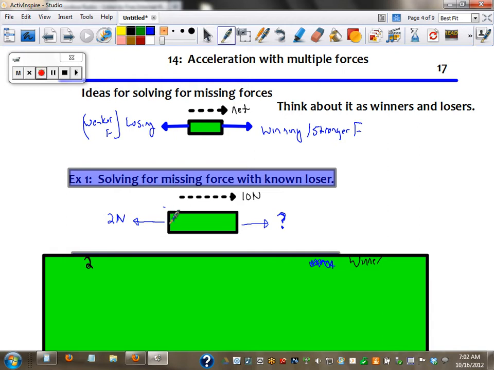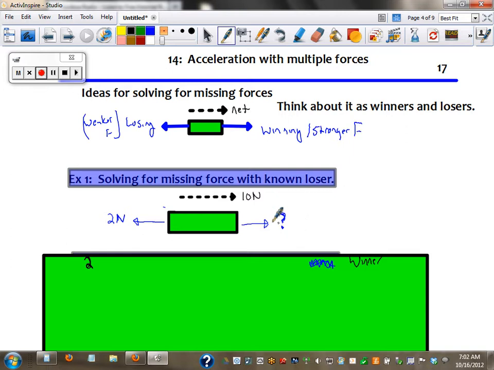I know you can pause this video at any time, by the way. I'm going to jam right through it on the recording because, well, you can stop me. This is 2 newtons. The net force is 10. That means that the difference between the winner and the loser is 10 newtons to the right.